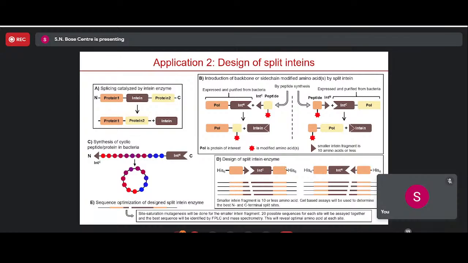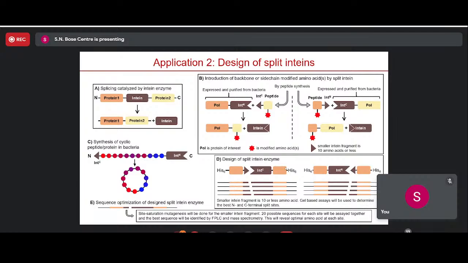So suppose I want to make a protein which has some unnatural amino acid. In that case, what I will do is I have this split enzyme, right? So this is my protein. I fuse it to this enzyme, and this is the other part of the enzyme, and a small peptide which has an unnatural amino acid or some other chemical modification. So this can be chemically synthesized, and this can be produced in bacteria. When you put them together, these two come together, and they will reconstitute the functional enzyme.